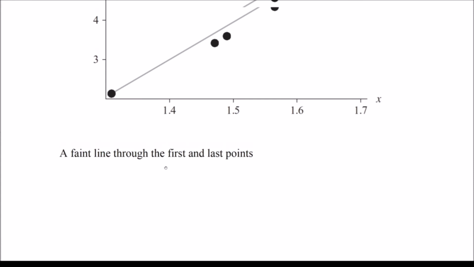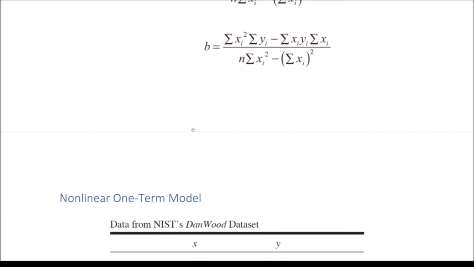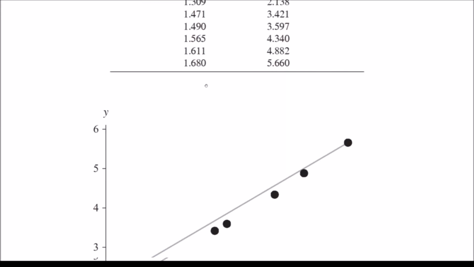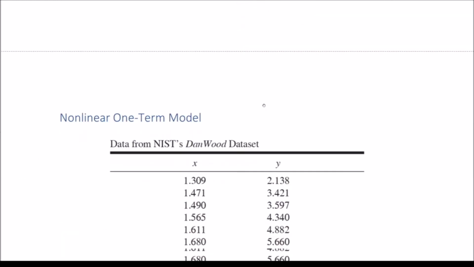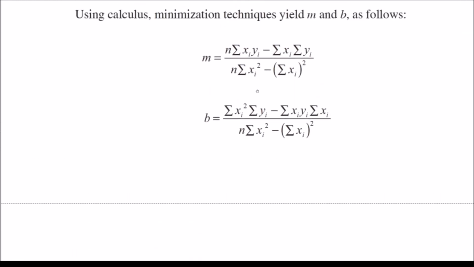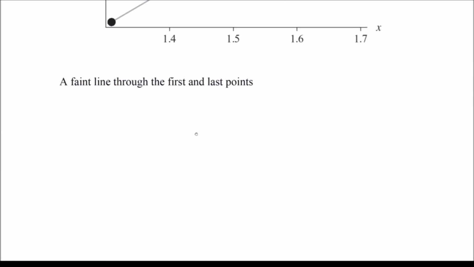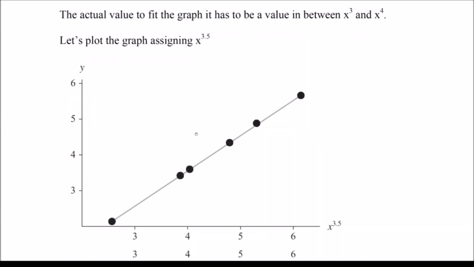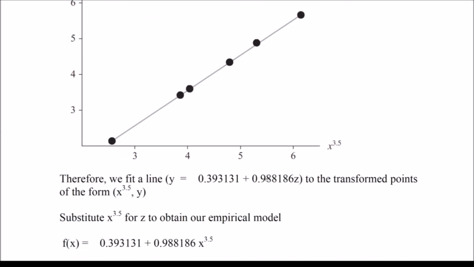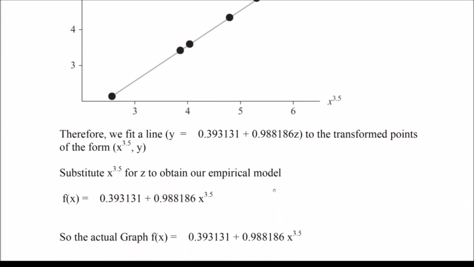So if I use that for the m and b values by these equations up here, where is it? Sorry, it's just dancing. Okay, so if I get these values by applying those, instead of x, I'm going to have x to the power something. Then I get an equation that looks like this.